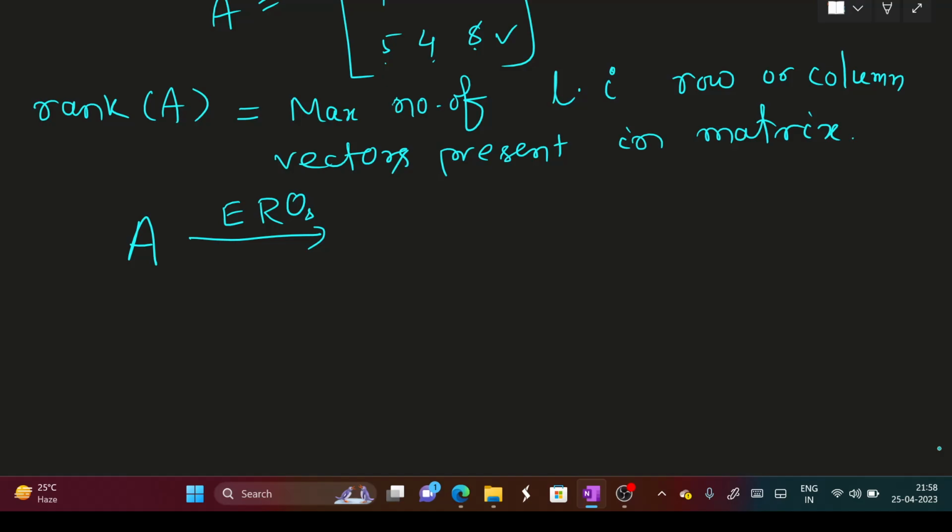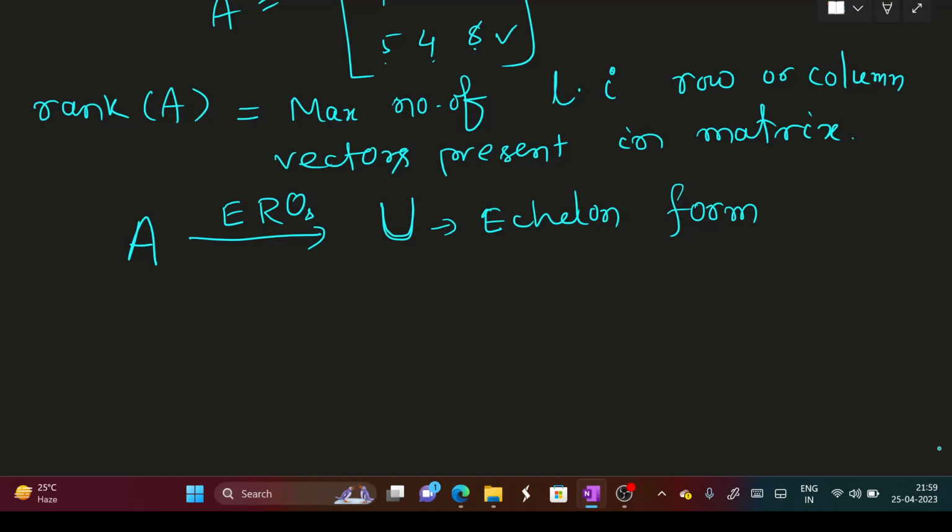First condition is below the pivots in the pivot columns all entries will be 0. Second thing, all the 0 rows are at the bottom. Then I will get a matrix that is called the echelon form of a matrix. So apply elementary row operations on A to get its echelon form.